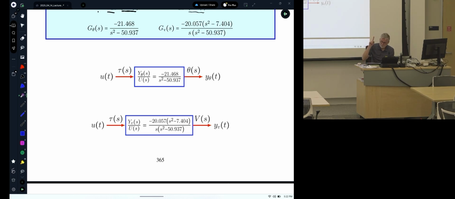Now, there's a feature, and this is where physics comes in, and the math supports it. When you look at the transfer function from torque to speed, do you see anything in common with the transfer function from torque to lean angle? What do you see in common?